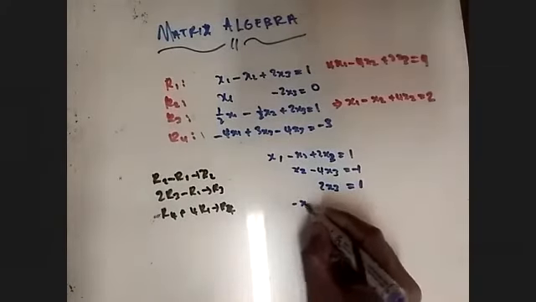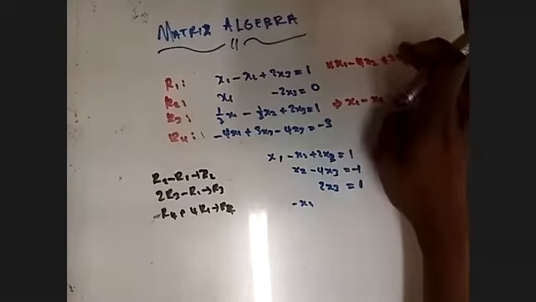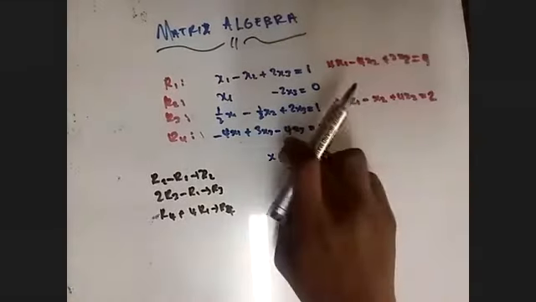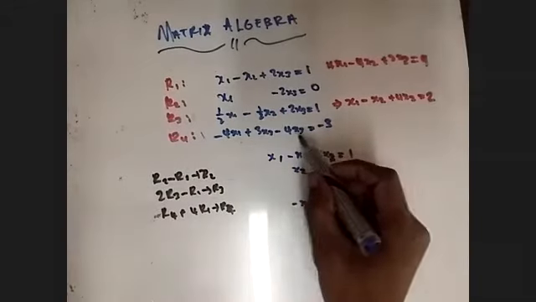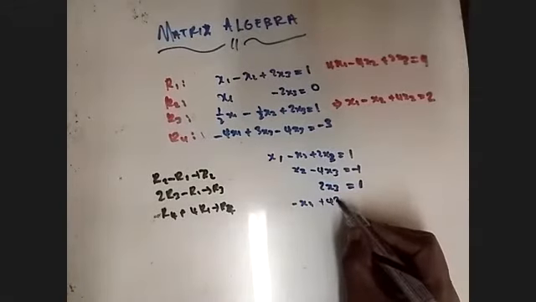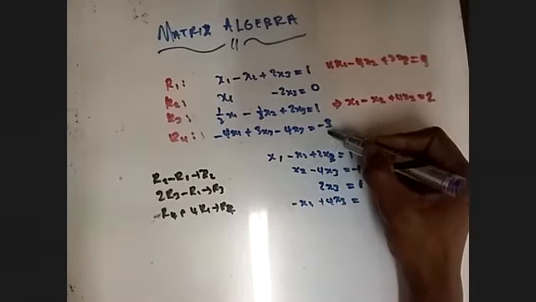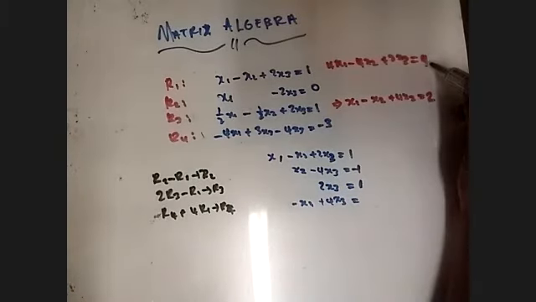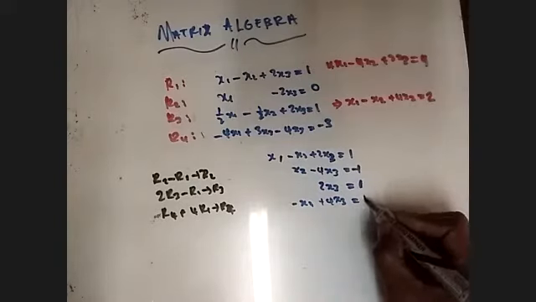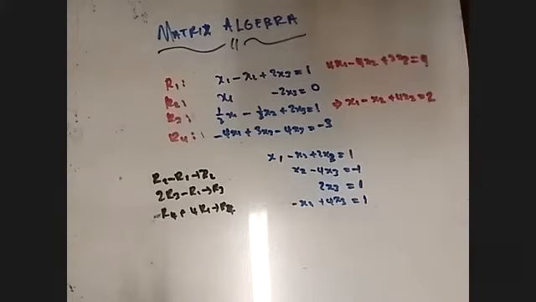And then I'm going to add 8x3 plus minus 4x3, it becomes 4x3. And then I'm going to have negative 3 plus 4, which is just 1.